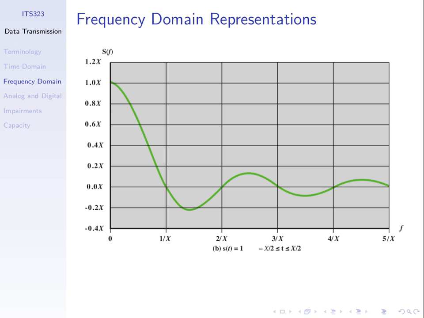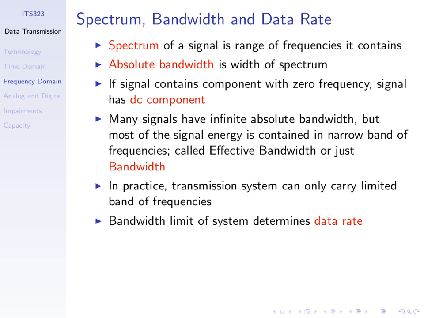Why use the frequency domain? It makes some concepts much easier. When we choose a technology for data transmission, some of the factors we care about are the frequencies used by the signal that we transmit. So let's introduce the terminology to talk about the frequencies.